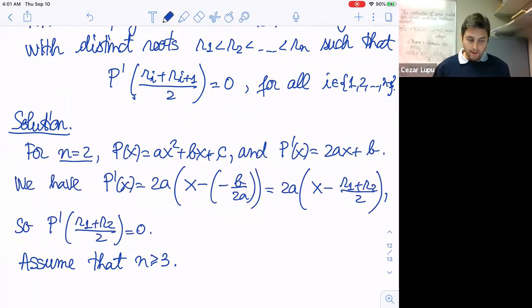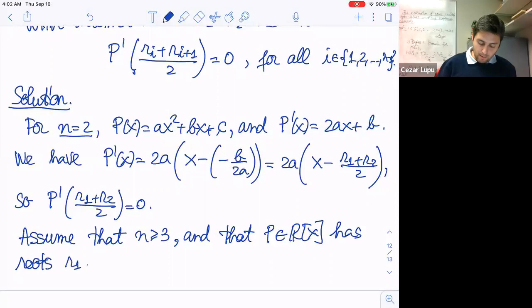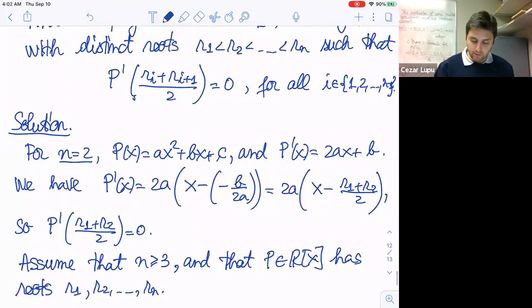And now, assume that the polynomial in R[x] has roots r1, r2, all the way up to rn. And we know that r1 is less than r2, less than rn. Let's write it in this way. r1 is less than r2, is less than rn.